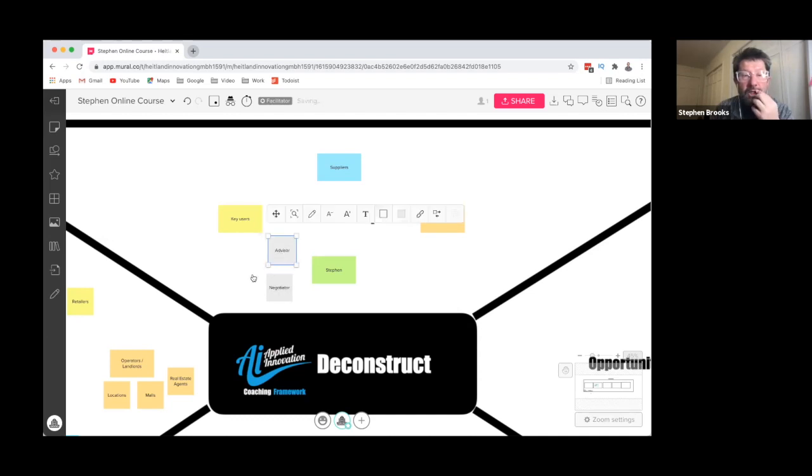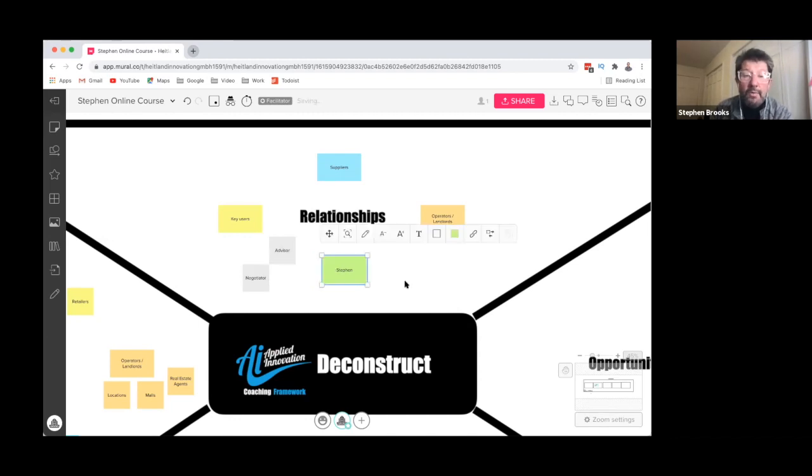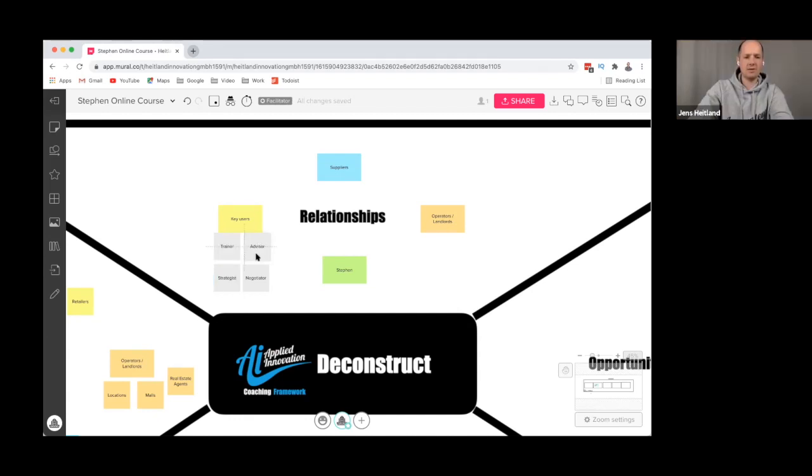Trainer, strategy, all comes into part of that for the key users. Okay, so that's your relationship between yourself and the users.